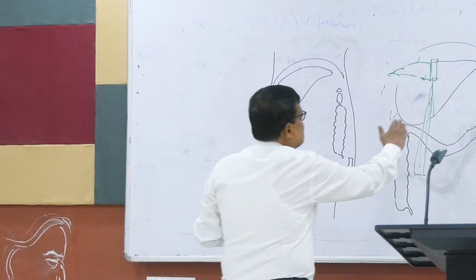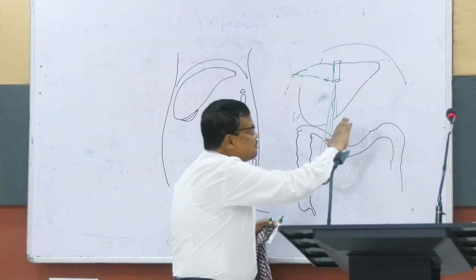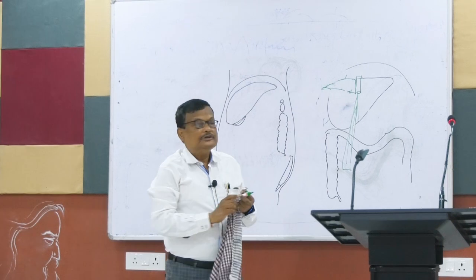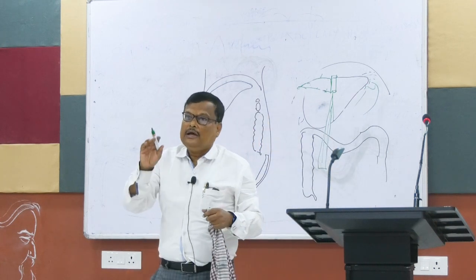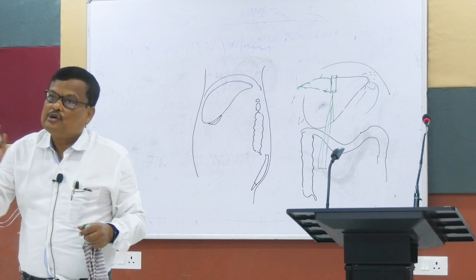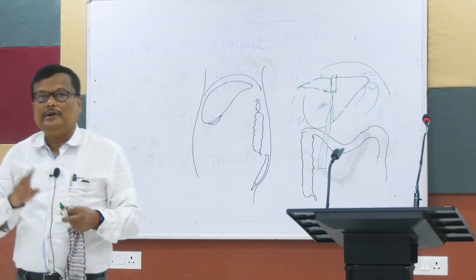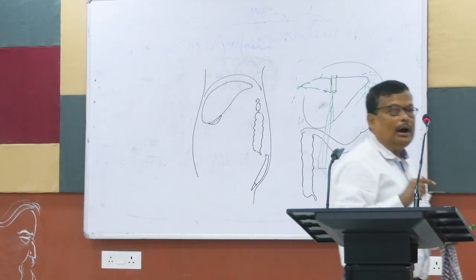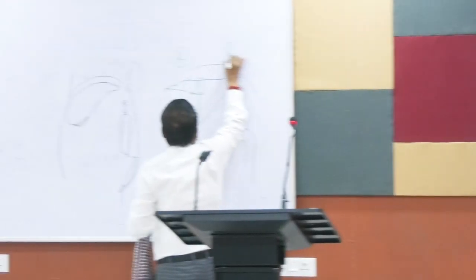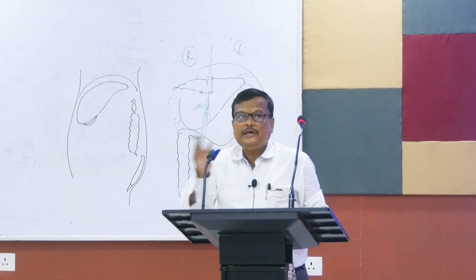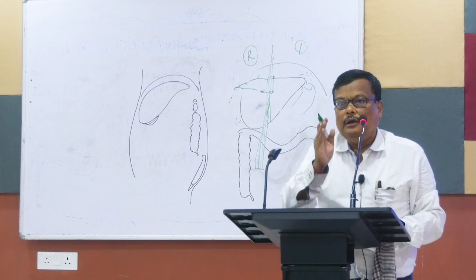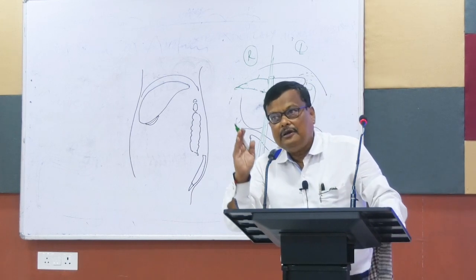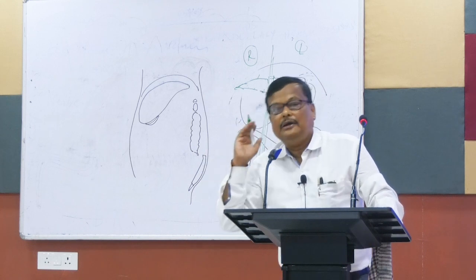Similarly, on the left side also there is a space anteriorly, and a space under the inferior surface or posteriorly. Similarly, here there is another space near the stomach. There is a bare area in the stomach too, and there is an extraperitoneal space there, not important. So what did we learn here? On the right side, meaning right to the falciform ligament, this is the right side, this is the left side. Who divides them? The falciform ligament. What spaces are on the right side? Intraperitoneal space and extraperitoneal space. The intraperitoneal space is again two: right anterior intraperitoneal space and right posterior intraperitoneal space.